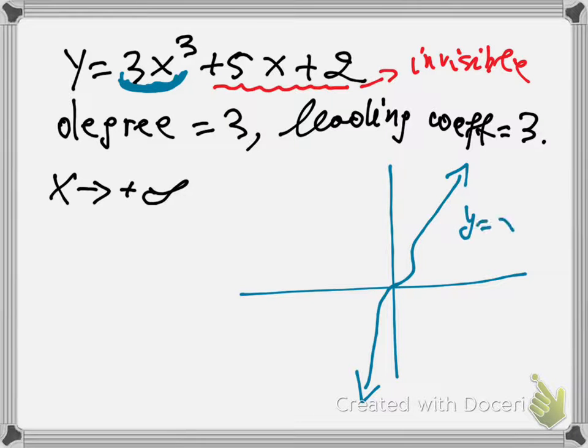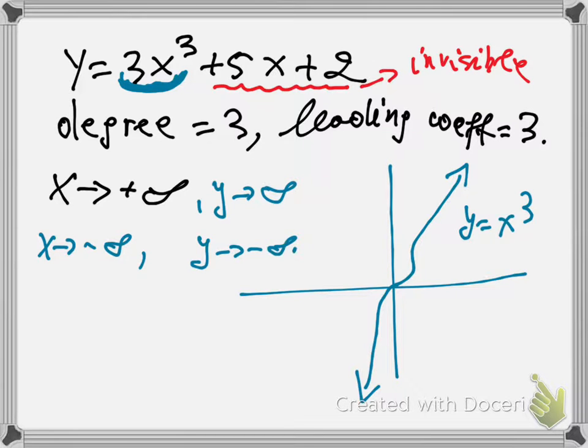This is y equals x to the third, and y equals 3x to the third behaves just like this for very large values of x. So in this case, when x goes to infinity, y goes to infinity. When x goes to negative infinity, by looking at the graph of y equals x to the third, y goes to negative infinity. This is called the leading term test.